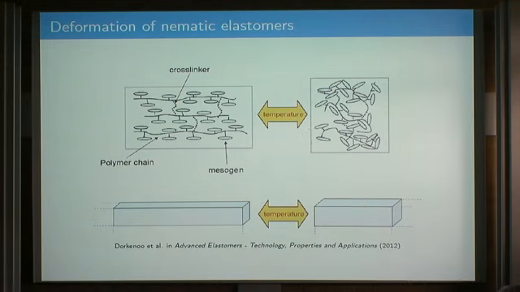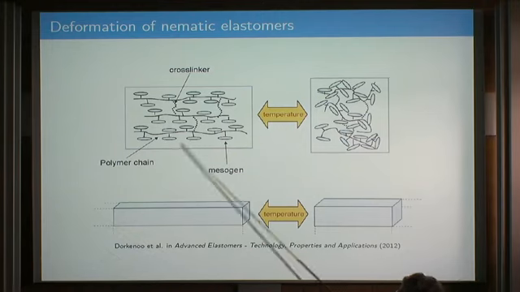Nematic elastomers are basically nematic liquid crystals which are polymerized, so that the mesogen units which constitute the nematic liquid are attached to polymer chains. And this causes such an effect that if we go from isotropic, unordered orientation to ordered orientation of nematic units, then the polymer chain extends.